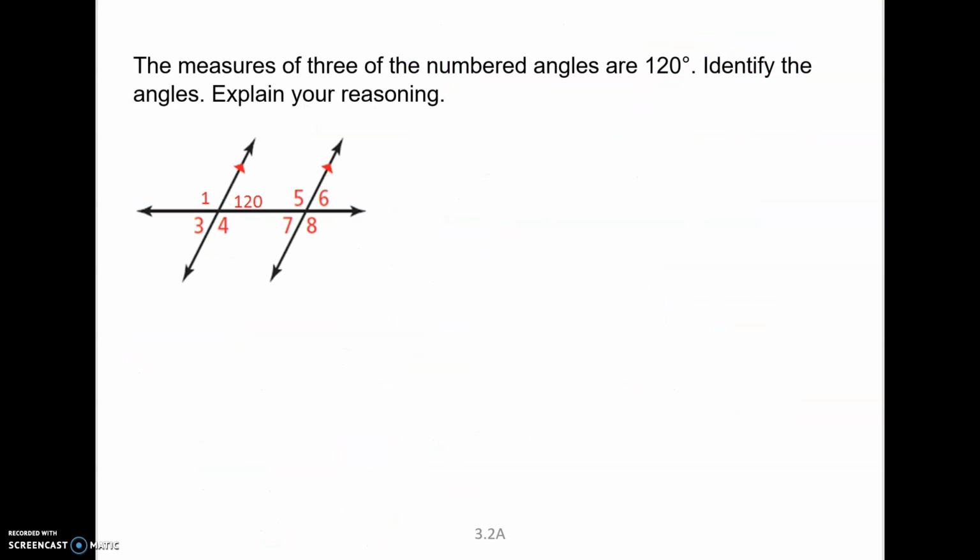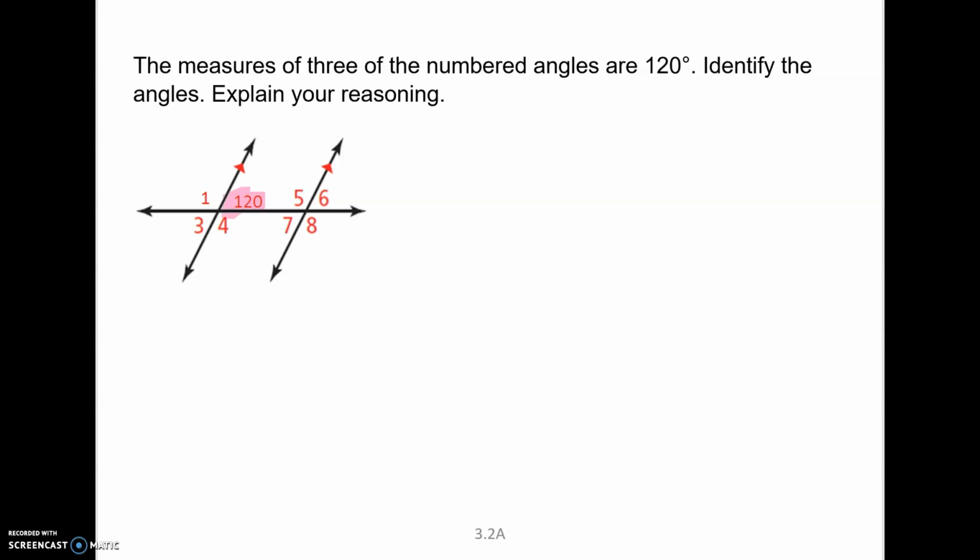Okay, so in my picture, it says the measure of 3 of the numbered angles are 120 degrees. Identify the angles and explain. So what I'm looking for first is what angle I'm talking about. So it says this one is 120.